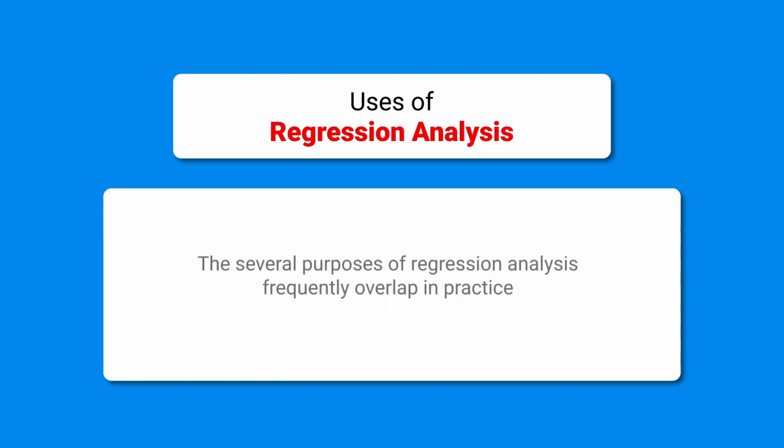The several purposes of regression analysis frequently overlap in practice, and once we solve an example, we will see that it describes, controls and predicts. Prediction is very important because the whole of statistics is based on assumption or hypothesis, and we have an elaborate session on what exactly a hypothesis is, either null or alternate, accepted or rejected.